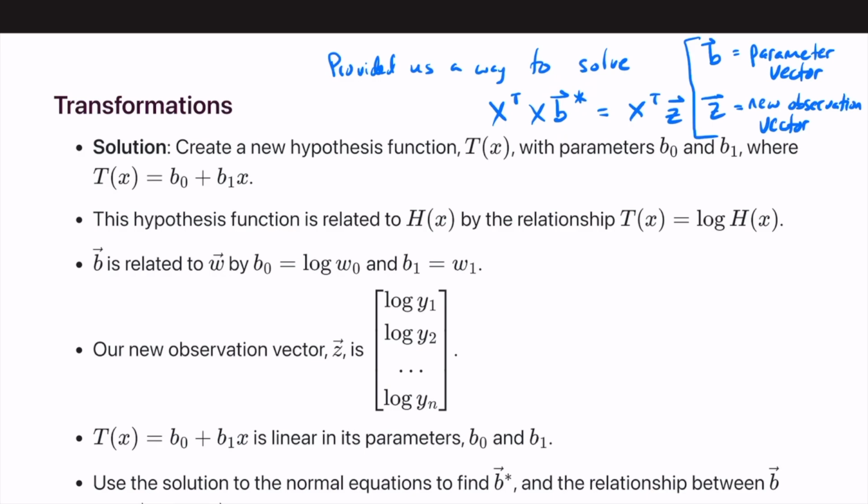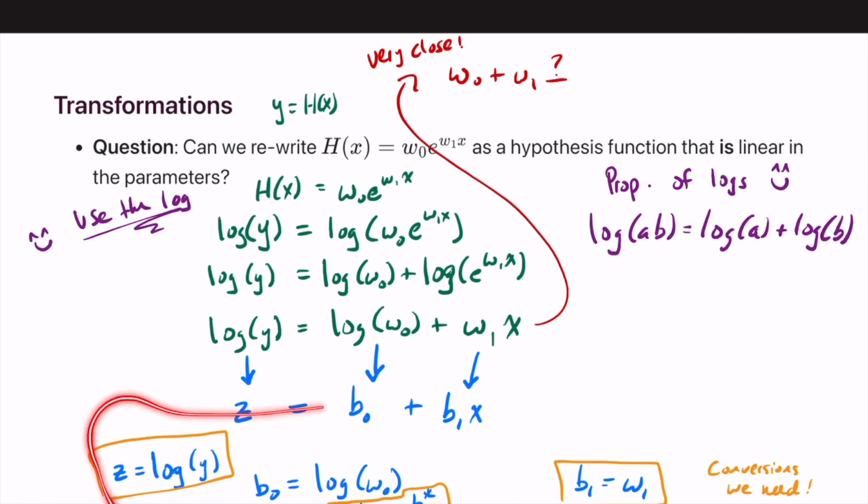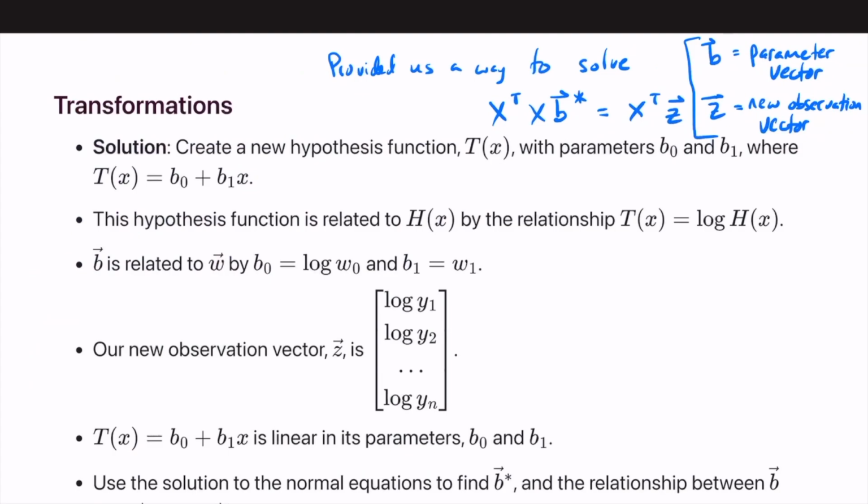We're no longer taking our beta coefficients and dot product through our design matrix to find the best y. We're doing that to find the best log of y now, because we have this conversion that we need to keep in mind.